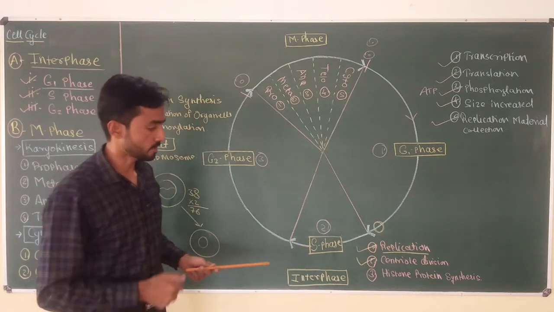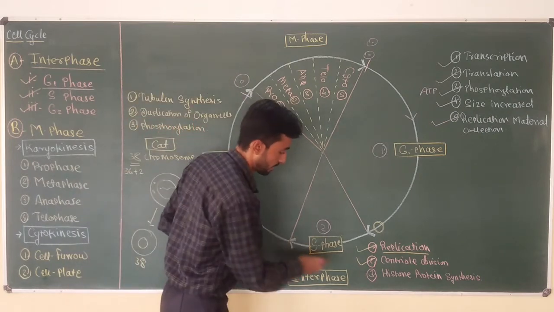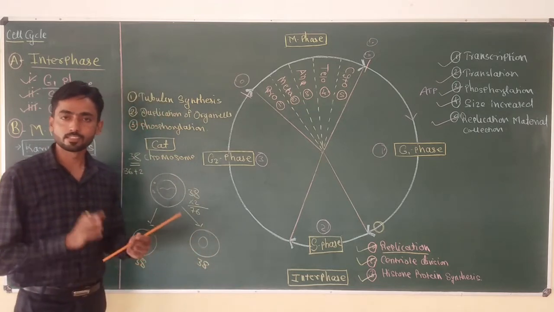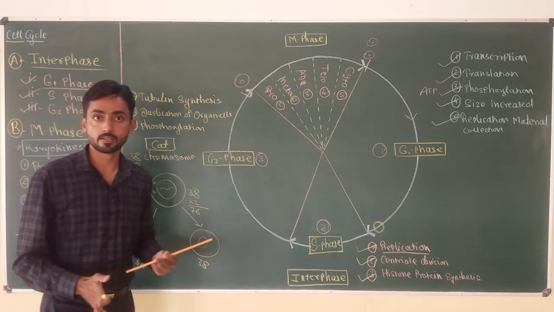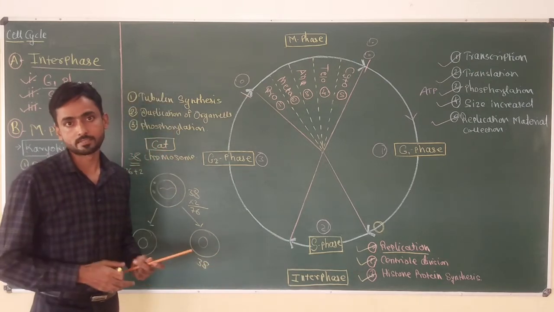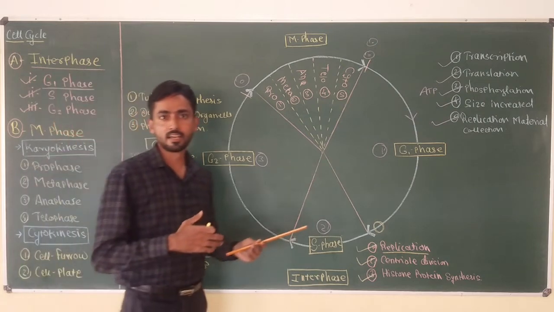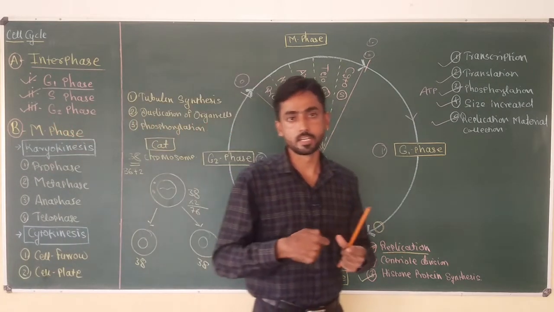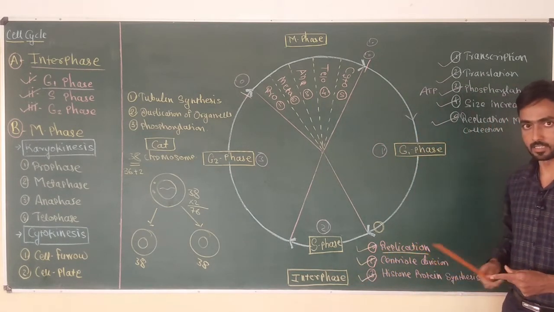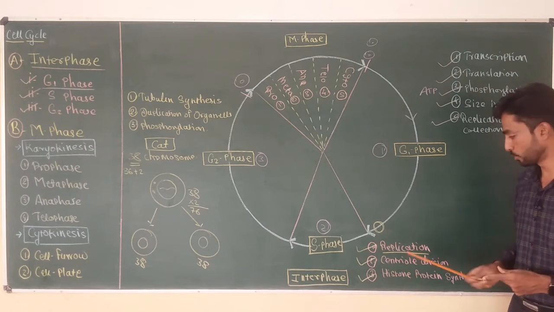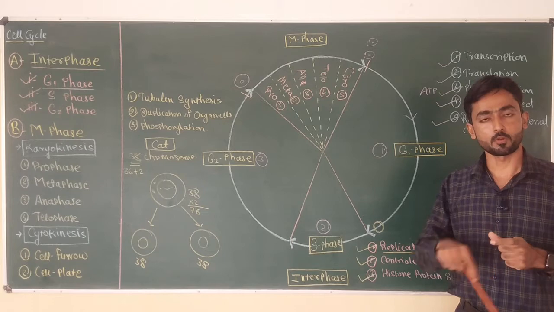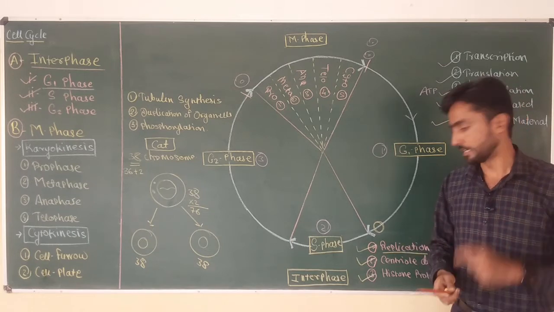The last and important thing which takes place during the S phase is histone protein synthesis. What are histone proteins? Histone proteins are positively charged proteins present inside the nucleus of animal or plant cells, and they are generally used for wrapping the DNA. As the genetic material duplicates during replication, new copies of DNA are produced, and this newly synthesized DNA has to be properly coiled and properly placed inside the nucleus.